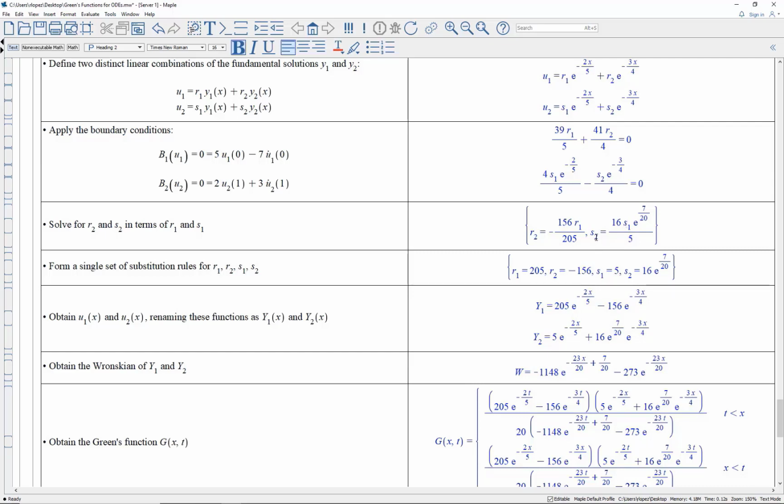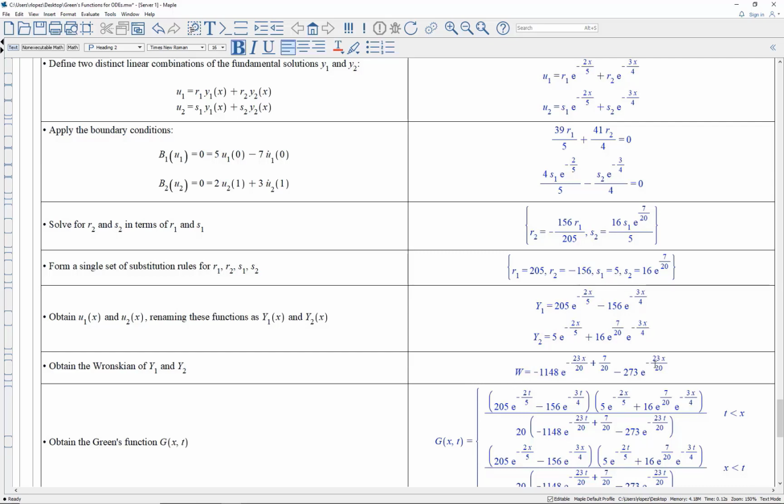So S2 was 16 times this exponential. That gave me two solutions. Instead of calling them U1 and U2, I felt more comfortable calling them big Y1 and big Y2. So here are my two solutions. This is the one that satisfies the left boundary condition. This is the one that satisfies the right boundary condition.